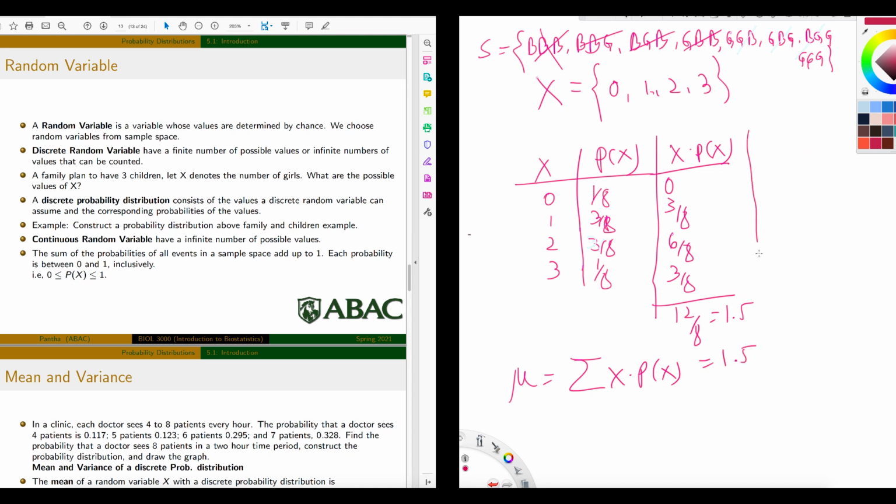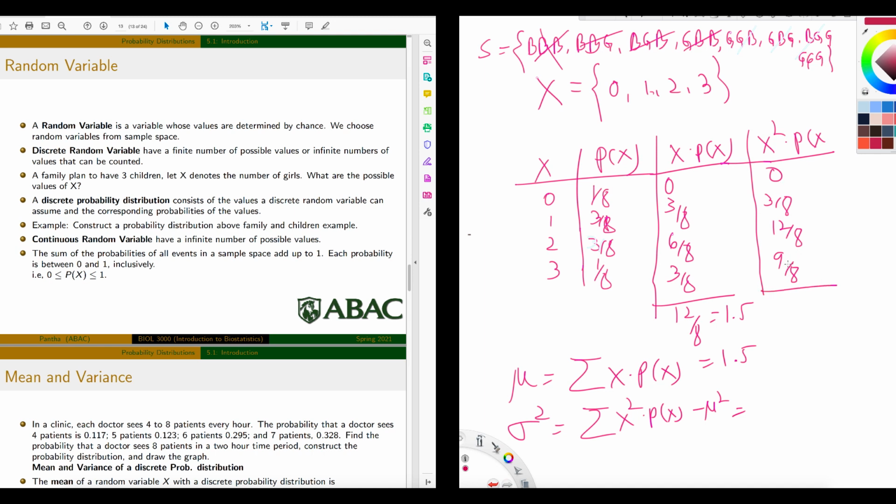Similarly, do you remember how we find the variance? Variance is denoted by sigma squared, and the formula is the summation of x squared times p(x) minus mu squared, right? So we need x squared times p(x). 0 squared times 1/8 is 0. 1 squared times 3/8 is 3/8. 2 squared is 4 times 3/8 is 12/8. 3 squared is 9 times 1/8 is 9/8.